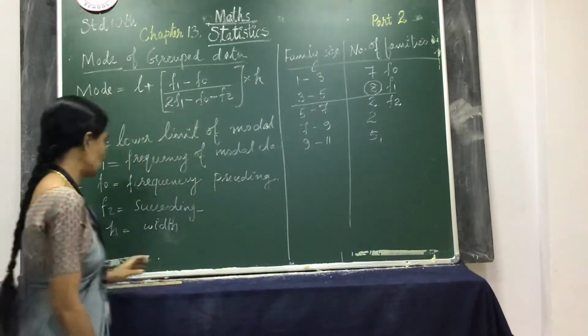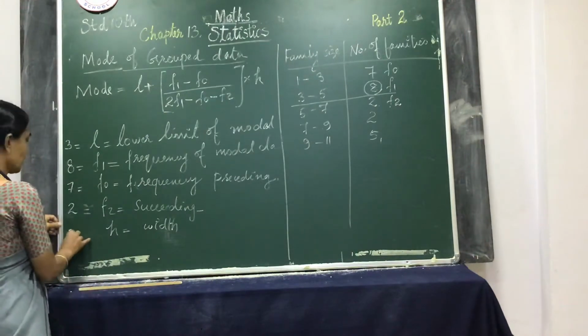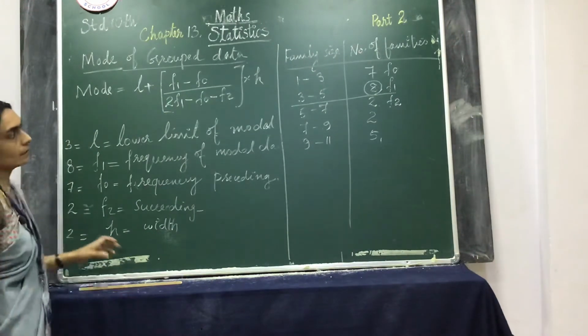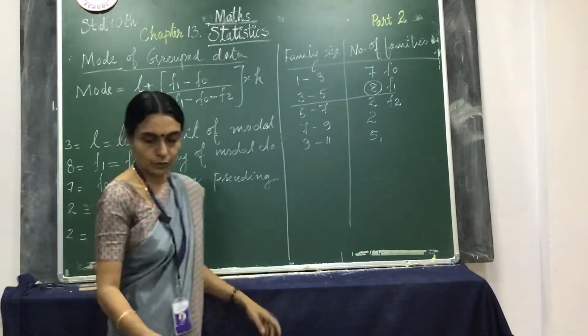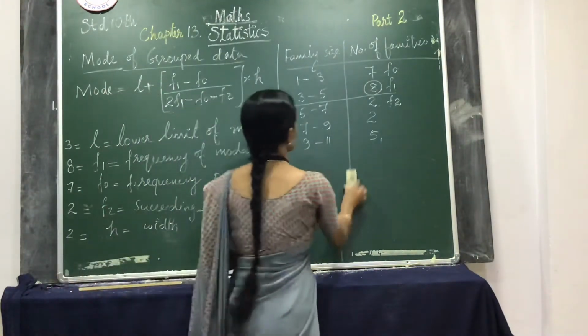So the width is 2: 9 minus 7, or 11 minus 9, or 5 minus 3, is 2. Now we have to substitute the values in the given formula.